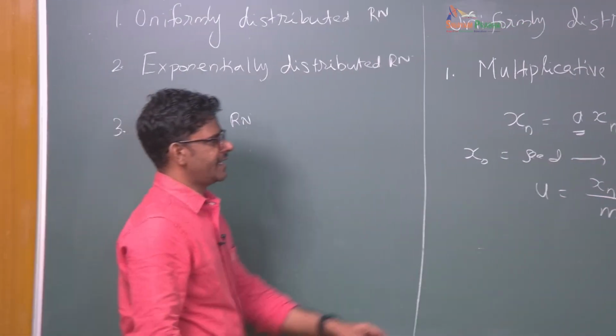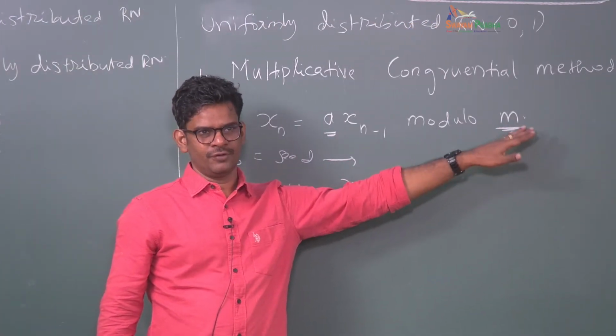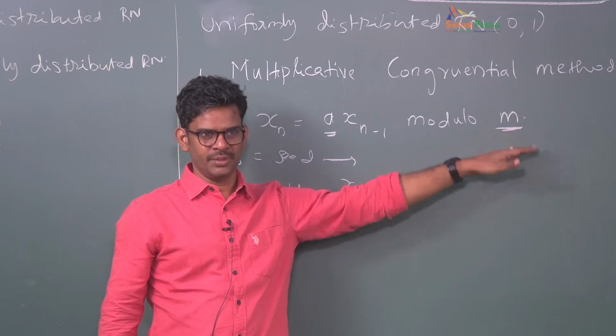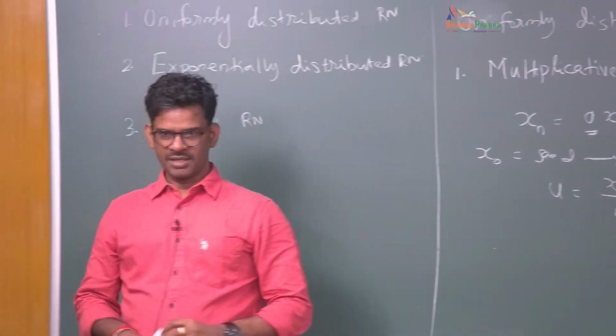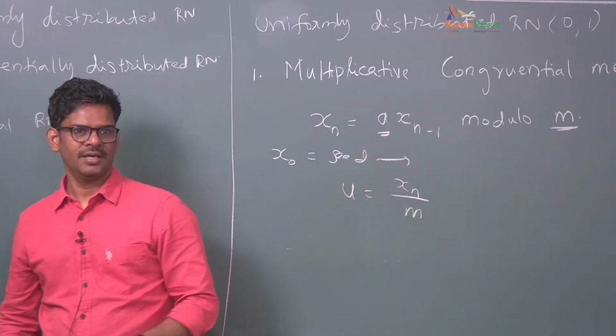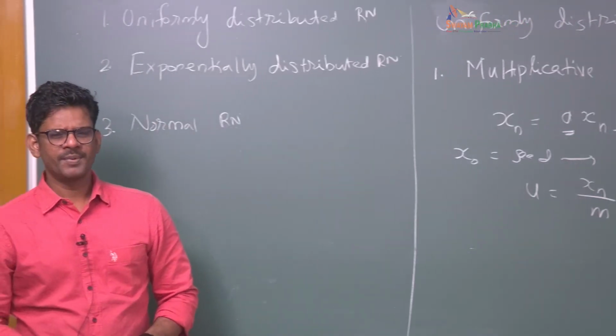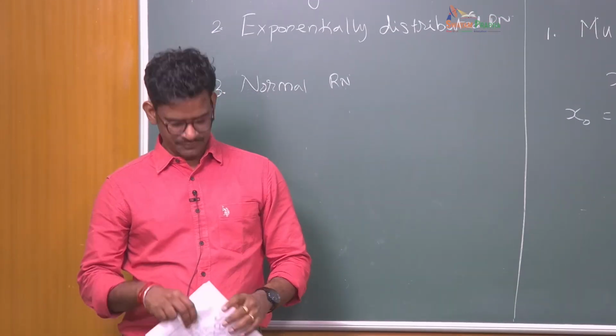Of course, you want this m to be as large as possible. It depends on the memory of your processor, if it's a 32-bit or 64-bit, and see what is the largest number you can store, and that number can be assigned as m. And this a can be any number, and a lot of optimization has happened on how to choose this number for a given computer architecture. Okay.